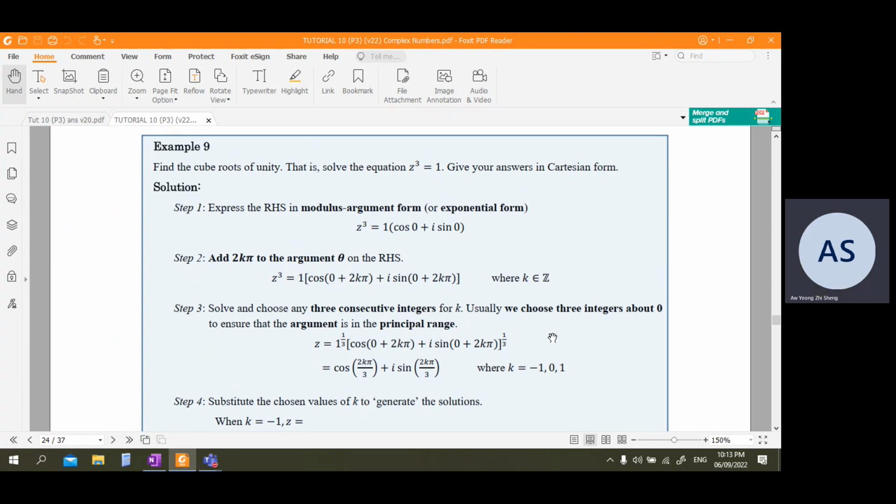Right? So they say choose 3 consecutive integers for k to generate the 3 different solutions. And here they also say usually we choose 3 integers about 0. About 0 means the 3 integers which are nearest to 0 to ensure that the argument is in the principal range. Okay. Now this is how we choose the integers.